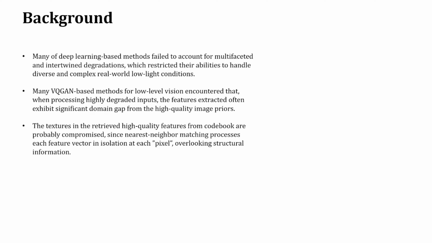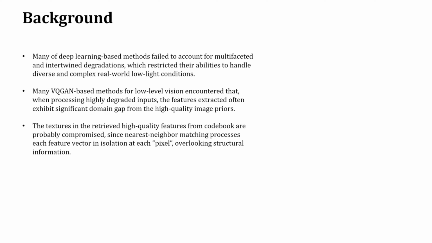For example, some mostly focused on fixing color distortion, while others only concentrated on adjusting illumination. Their narrow focus usually led to less than ideal performance. So one of the main challenges with low-light image enhancement is basically closing the domain gap with the ground truth across all different sorts of degradation scenarios.